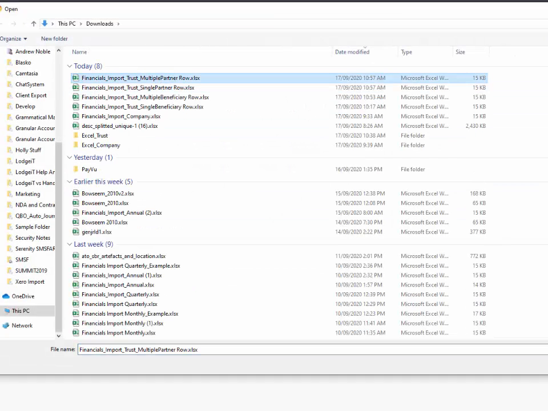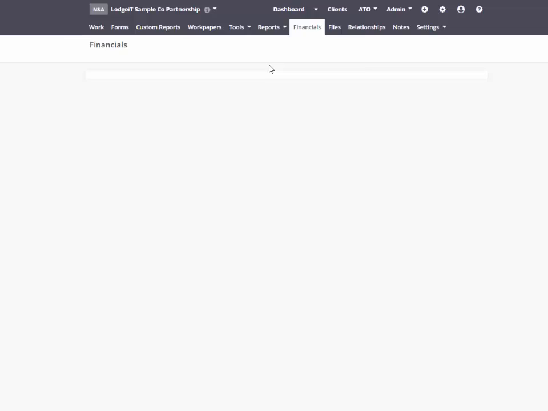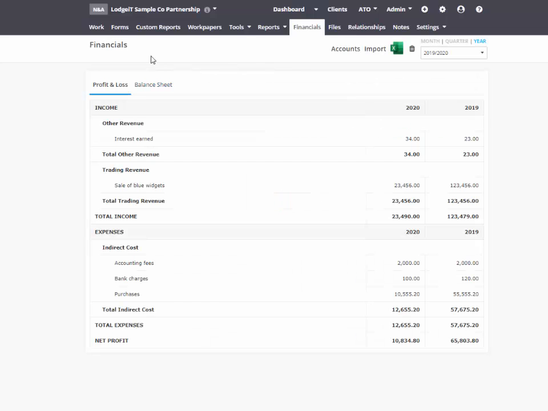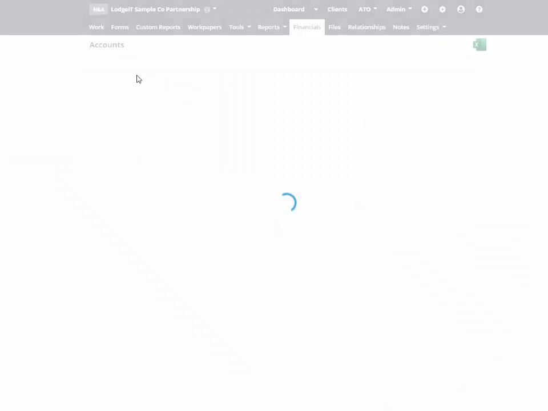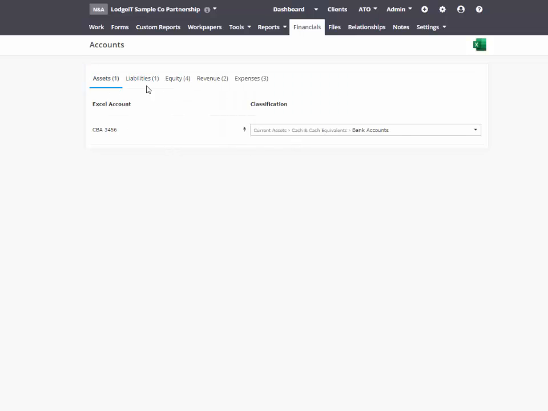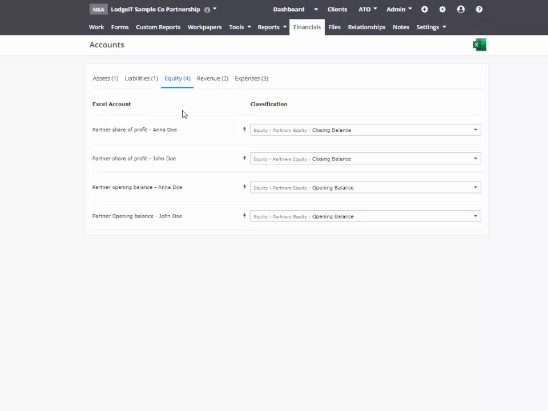So multiple partner rows. Just have a look. Balance sheet, net profit, balance sheet balancing, check our classifications. Bank looks right, net GST.